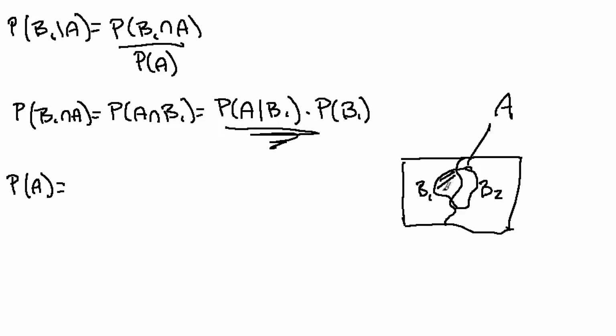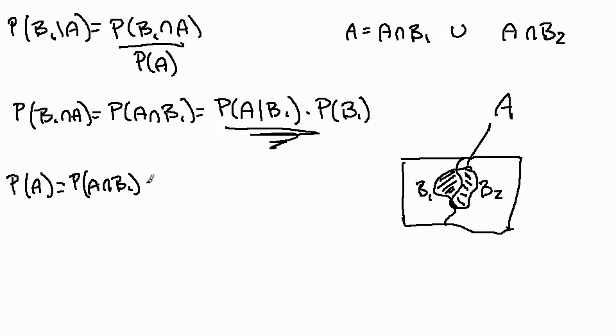A is made up of A intersection B1, and then it's also made up of A intersection B2. In other words, A is equal to A intersection B1 union A intersection B2. I hope that's all clear because we're going to generalize that in a moment. So the probability of A is, and notice that these sets are of course disjoint, because B1 and B2 are disjoint, the probability of A intersection B1 plus the probability of A intersection B2.